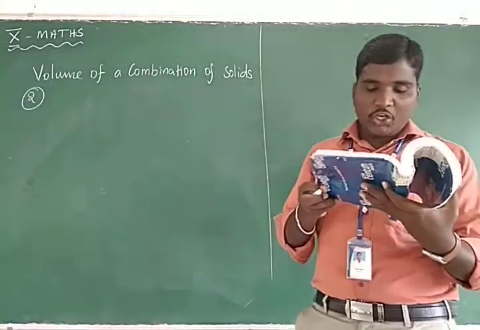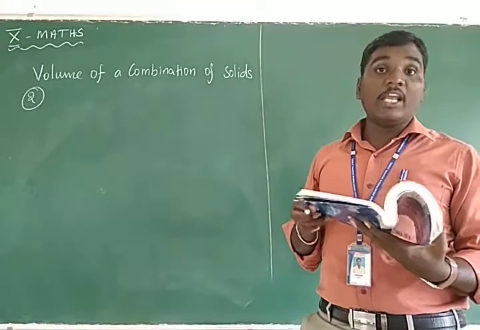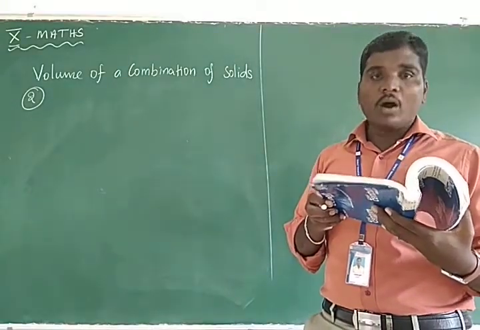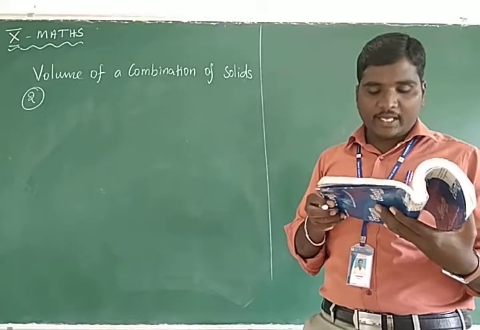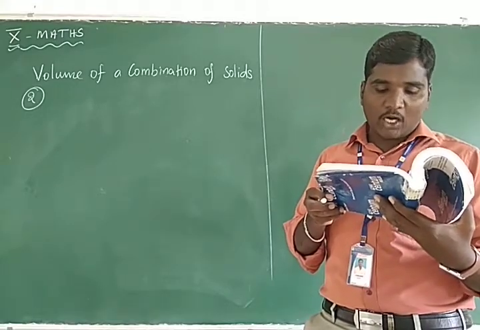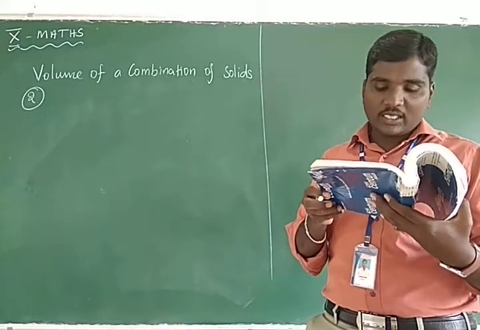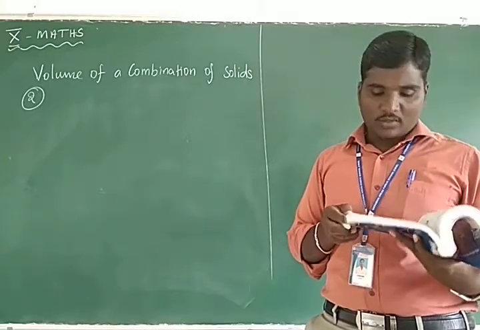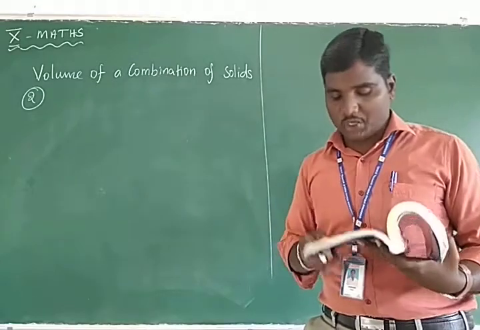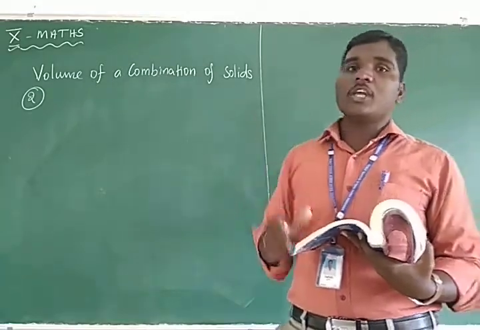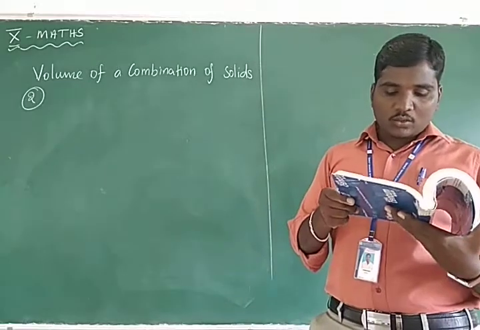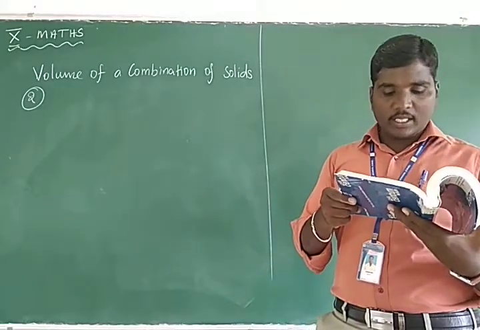Rachel, an engineering student, was asked to make a model shaped like a cylinder with two cones attached at its two ends, using a thin aluminum sheet. One cylinder shape is there, and at the two bases, two cones are there.